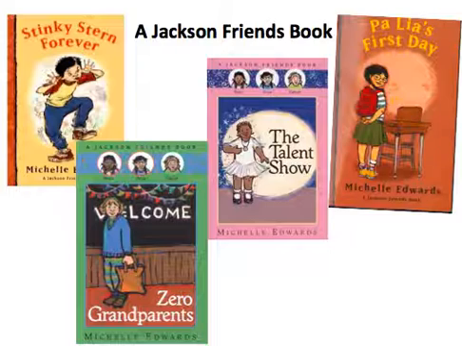And she appears also in The Talent Show, in Zero Parents, and Stinky Stern Forever, along with her other stock characters. So it's a series within itself. It works as itself, and it's part of a larger series.